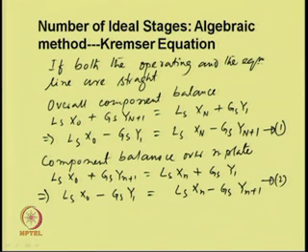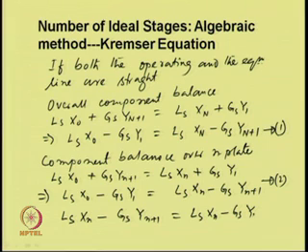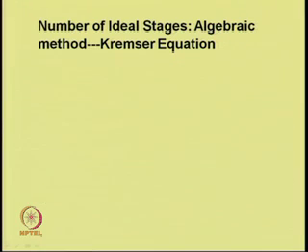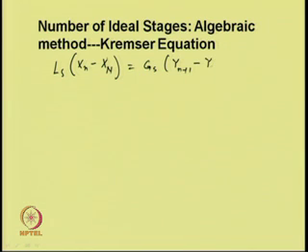So, if we compare between 1 and 2, we will get L s into x n minus capital X n is equal to G s into y n plus 1 minus capital Y n plus 1.